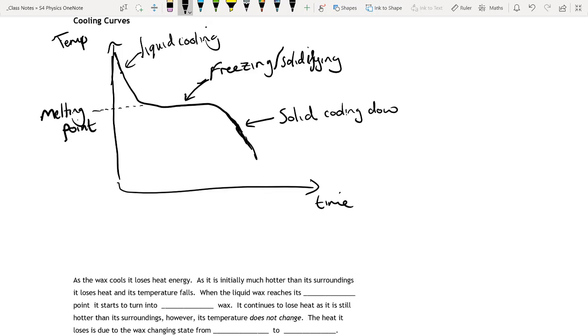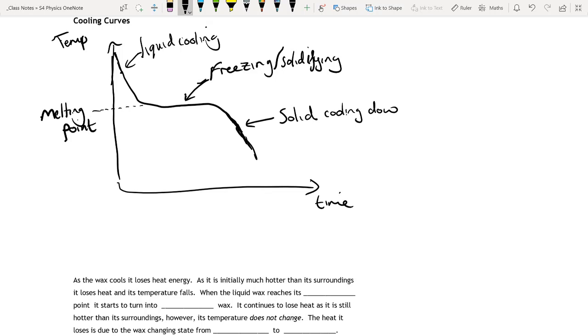And you quite often see these types of graphs in multiple choice questions, and they ask you at which point is it a liquid, or at which point is it a solid. So you've got a decrease in temperature when it's just cooling down. Then you've got this leveling off part of the graph where it's changing state, and then it goes back down again when it's cooling down again.